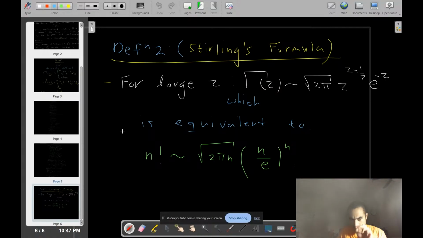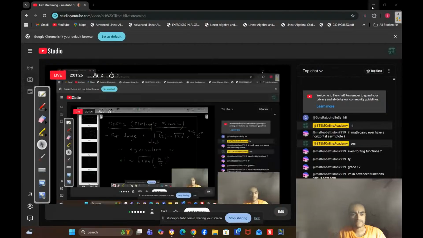Okay, so that's definition 1 and definition 2 of Stirling's formula.